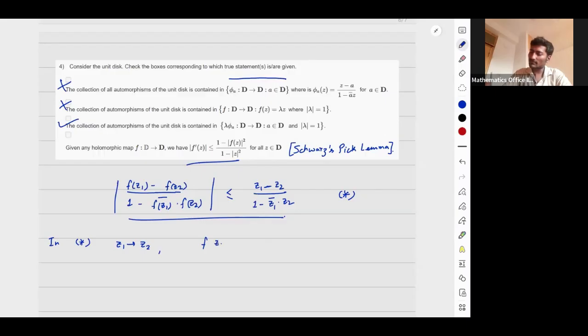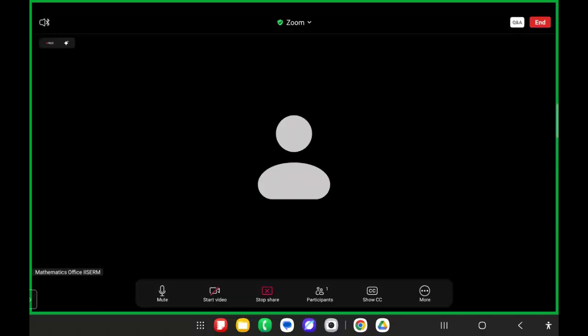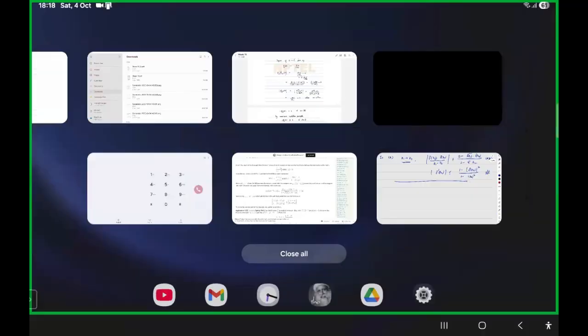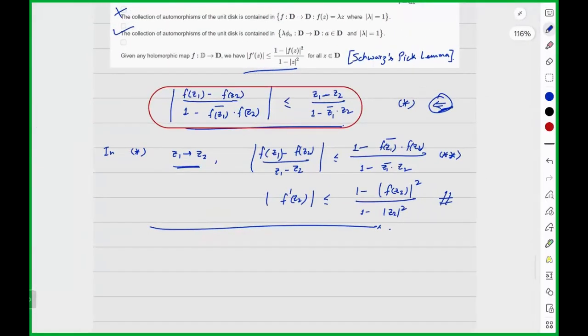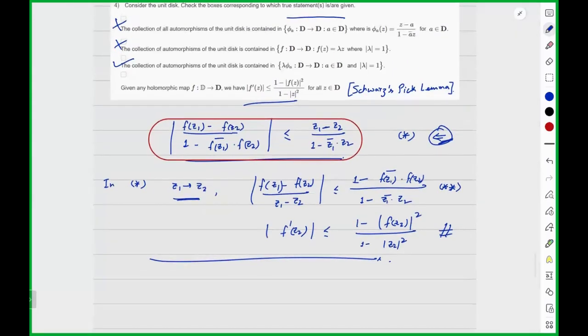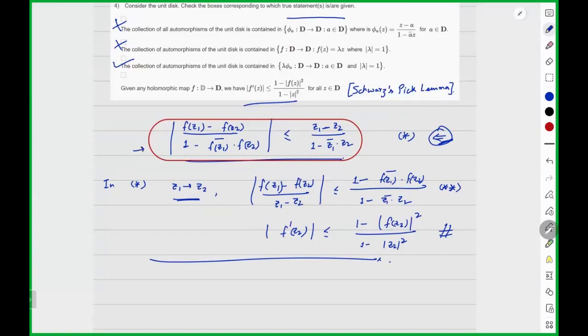So this becomes f(z1) minus f(z2) divided by z1 minus z2, and this is less than. So for the proof of this last statement, we have to prove this inside box inequality, because once it is proved, the latter is already seen when z1 tends to z2.